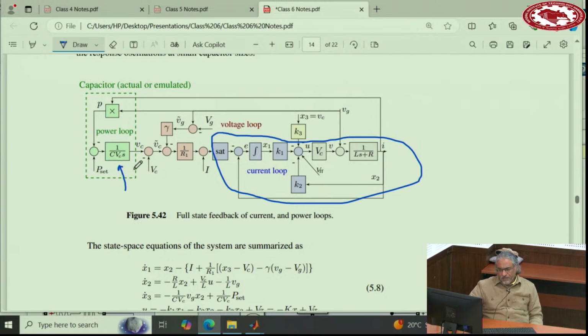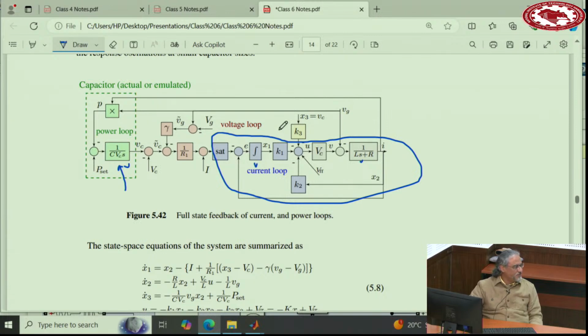So that capacitor has a new state variable. So now this system has one state variable here, one here, and one here. If you want to have full state feedback, you need to feed back the voltage of this one, which is this variable, also into this controller.